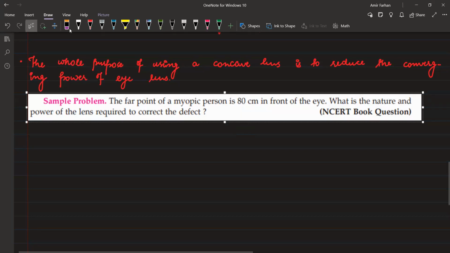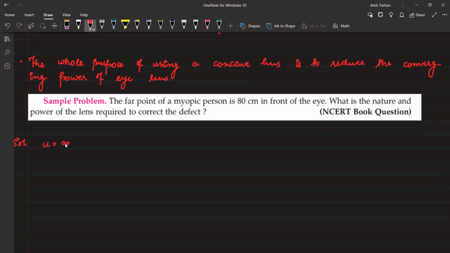What is the power of lens required to correct the defect? Okay. So let's take the solution first. Now here we have to use the lens formula to calculate. The question is saying the far point of a myopic eye is 80 centimeter. It means that at 80 centimeter the image of an object is forming, yes or no? Actually the object is placed at infinity, right?